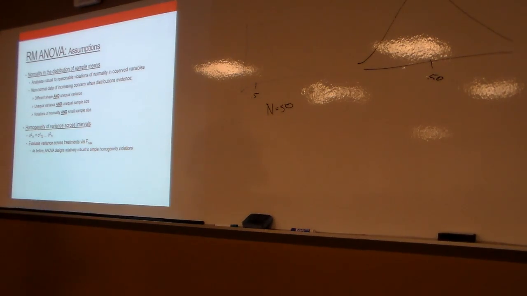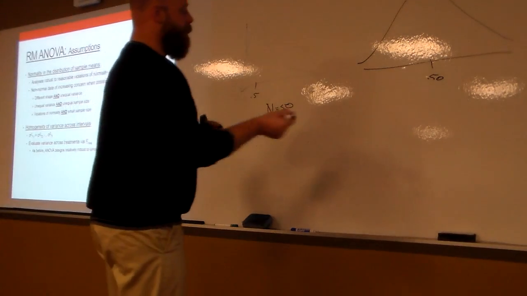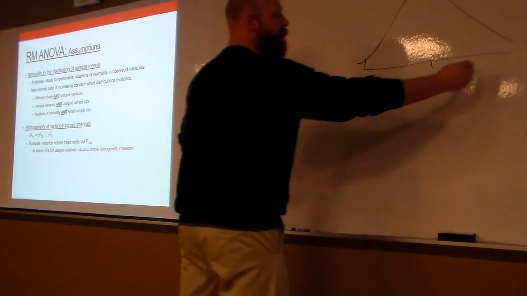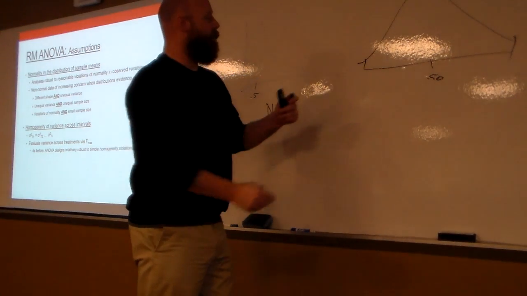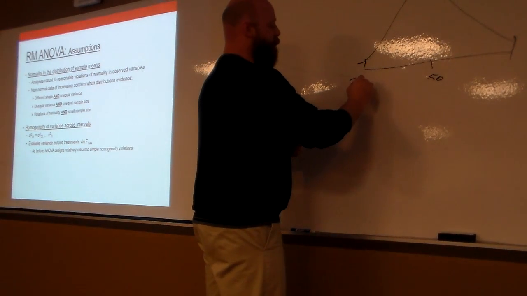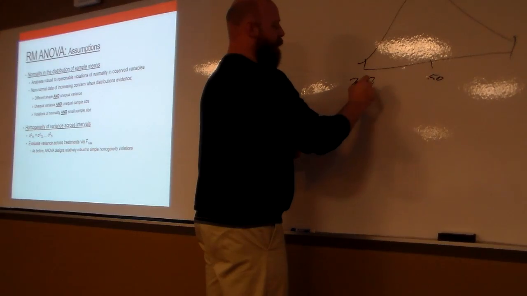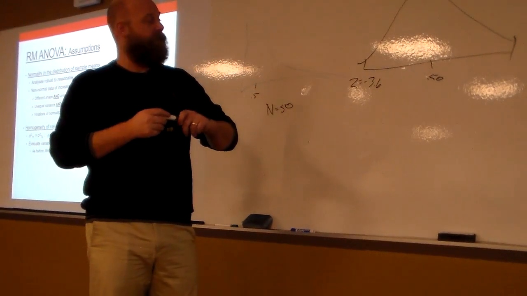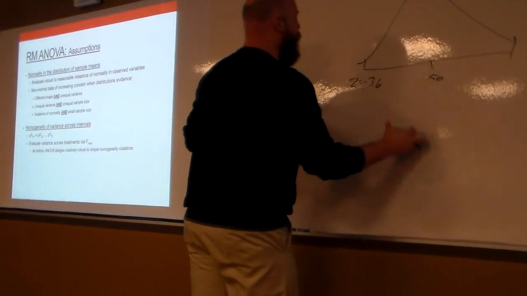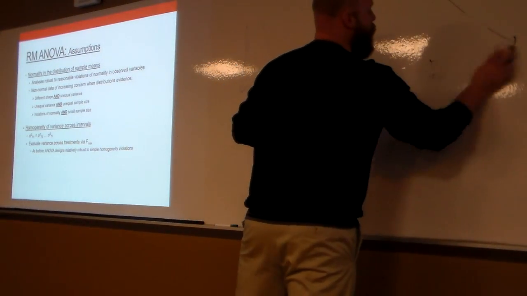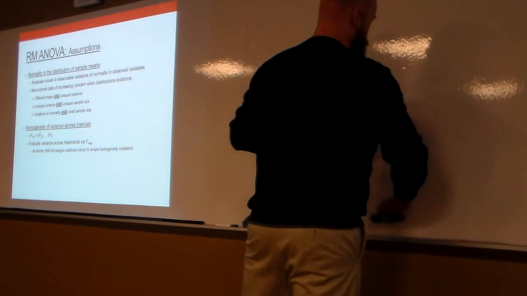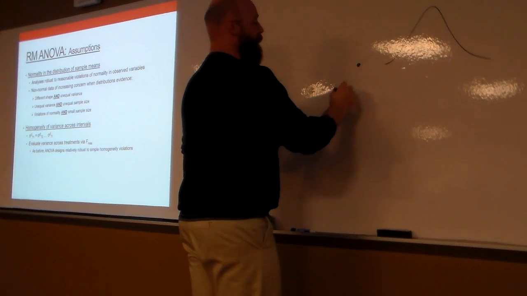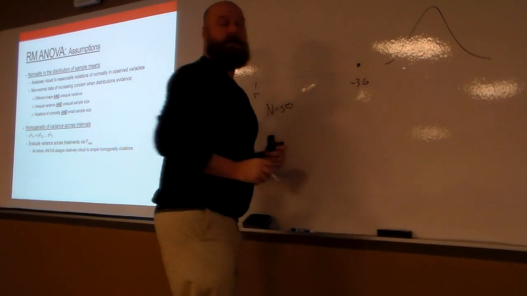If I've got a distribution that looks like this, and I've identified extreme values down here that are, say, z equals -3.6, I might think about that a little bit differently than if I have a distribution that looks like this, and this guy is negative 3.6, right?